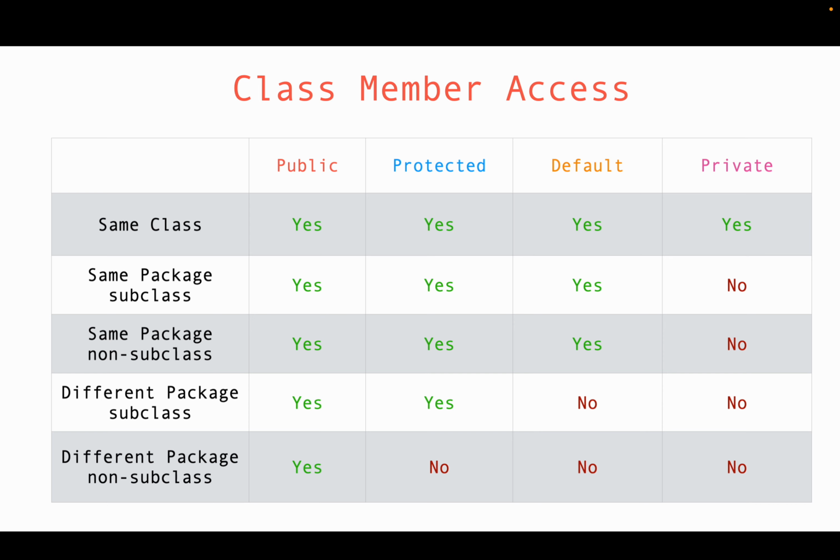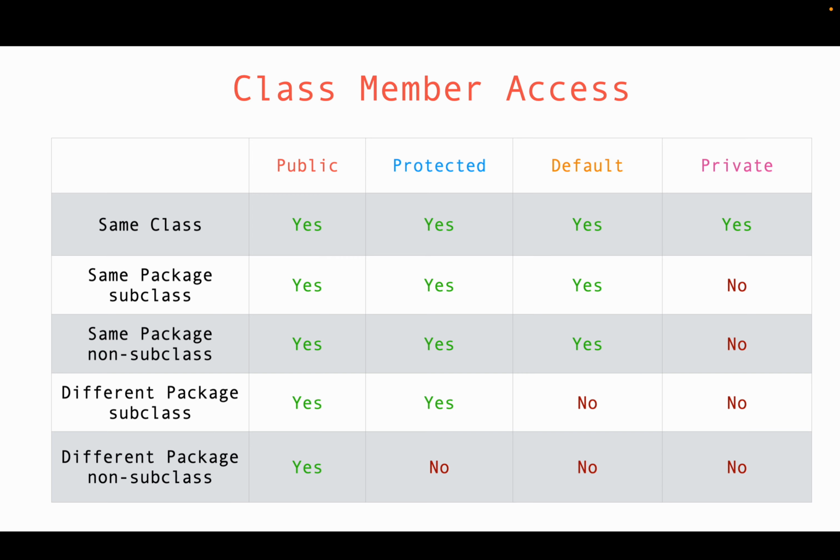Now come to the third case, which is the same package but non-subclass, which means that you are within the same package, but the class where you are trying to access the variables is different from where the variables actually exist.